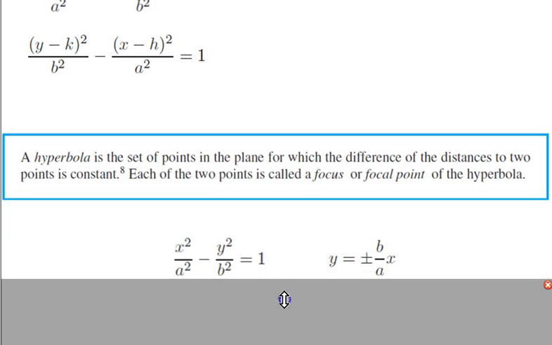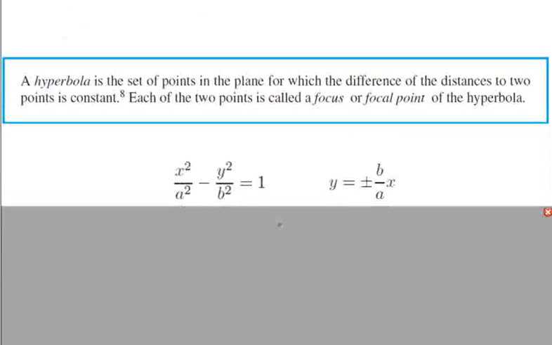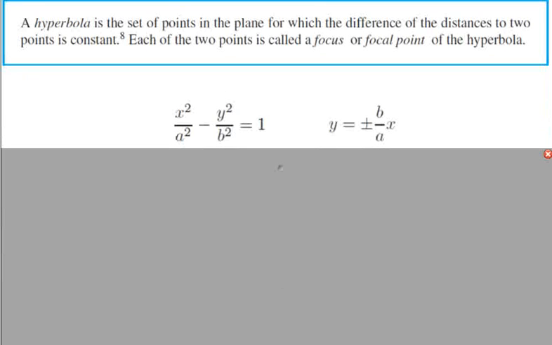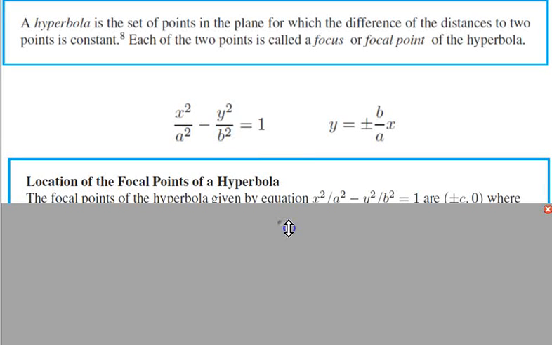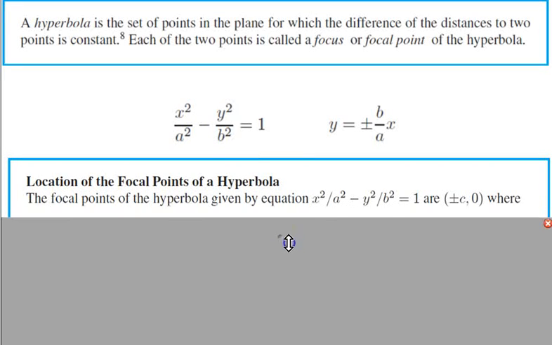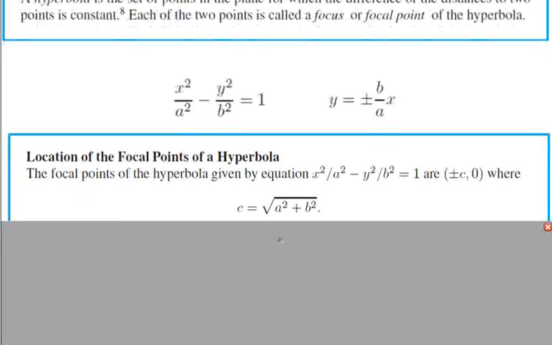So just like before, where we had an A and a B to be the sides of a right triangle, we're going to do the same thing for a hyperbola, but instead of A being the hypotenuse of the right triangle, A is actually going to be one of the legs. So A and B are legs of the right triangle, and C will represent the length of the hypotenuse.